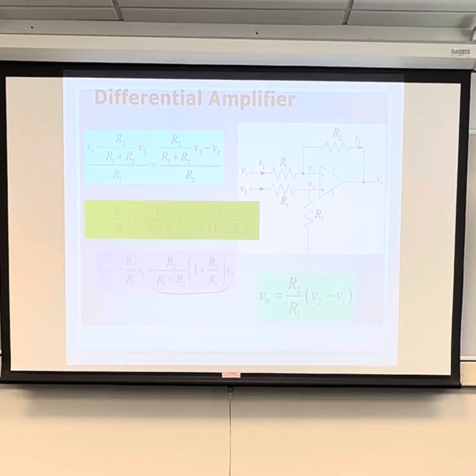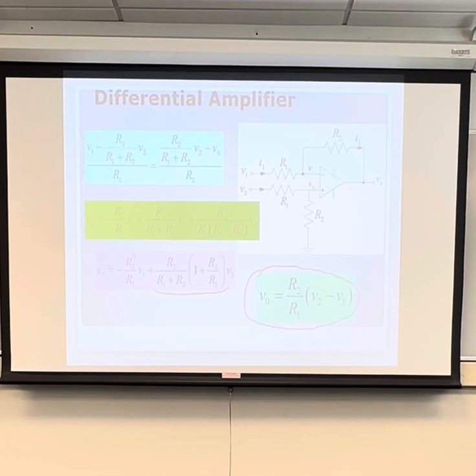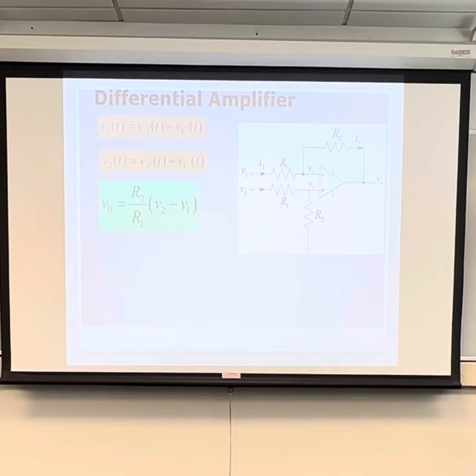Even though these equations look rather complicated when we were developing them, the result is simple. We end up kind of going in a circle, because all we end up with is that this device is only going to amplify the difference between V1 and V2. However, it still doesn't make it obvious how it's going to reject common mode signals.